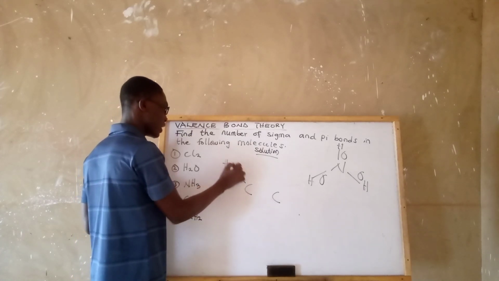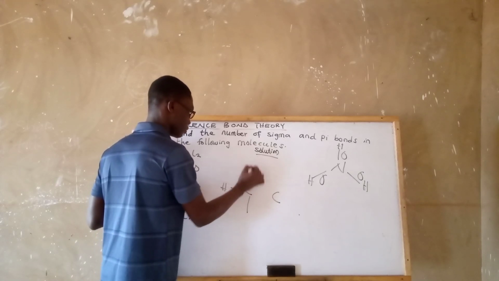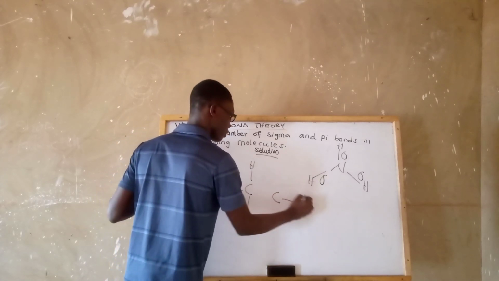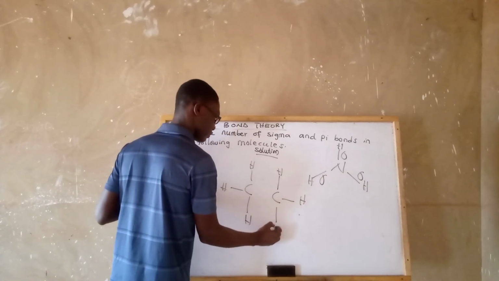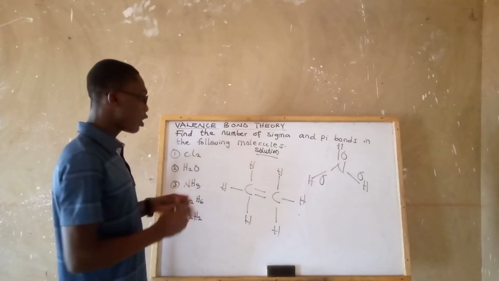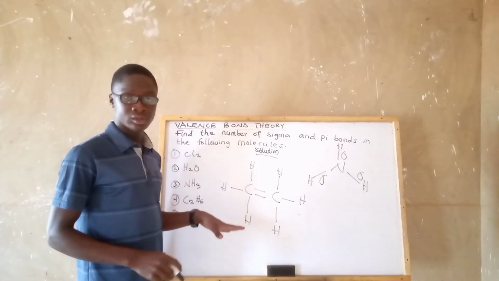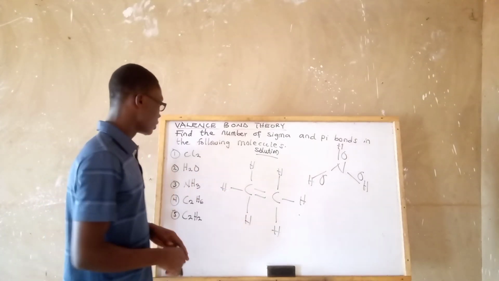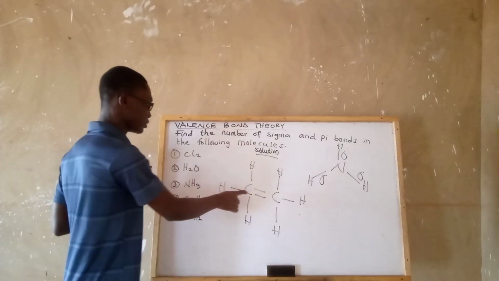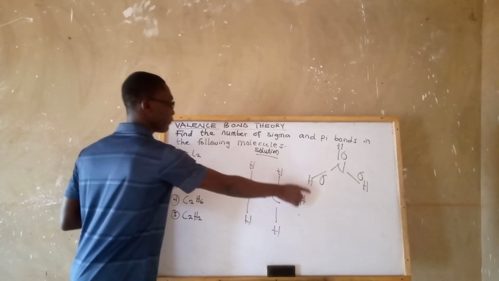So you have 1, 2, and 1, 2, 3, 4, 5, 6, and now they are all stable. So let's check the number of sigma bonds and the number of pi bonds in this molecule. We have 2 carbon atoms and then 6 hydrogen atoms here.